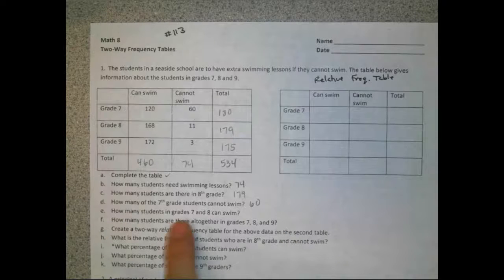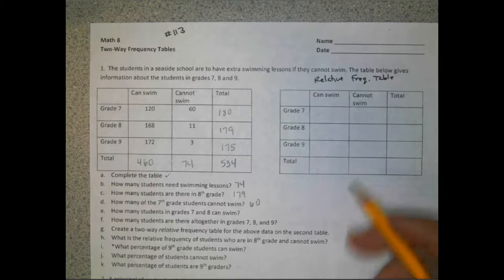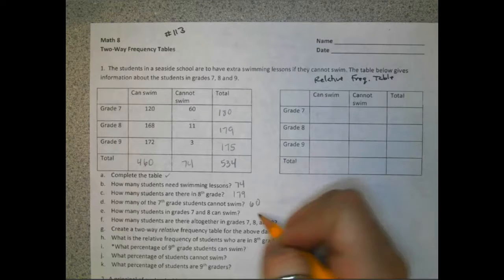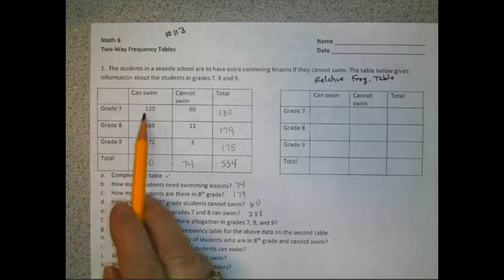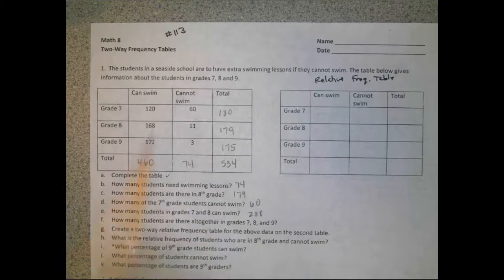So how many students in 7th and 8th grade can swim? Andrew? Yep. Perfect, 288. How did he get that? He added can swim for 7th and 8th grade. 120 plus 168 gave him 288.